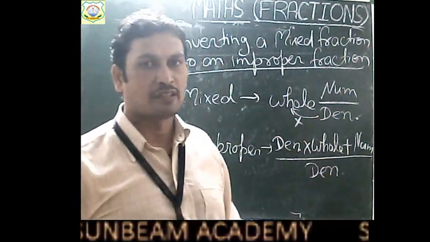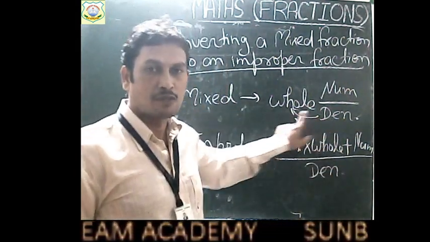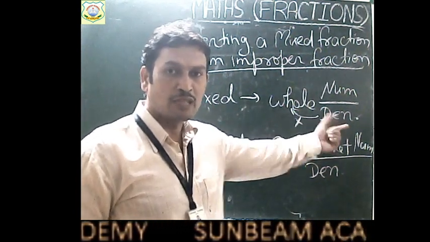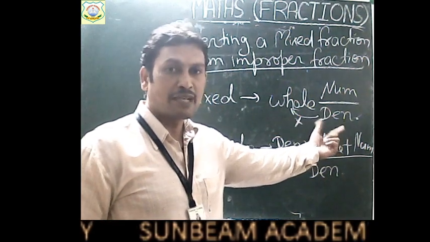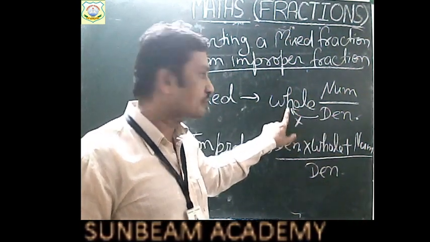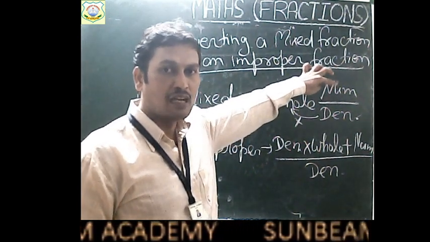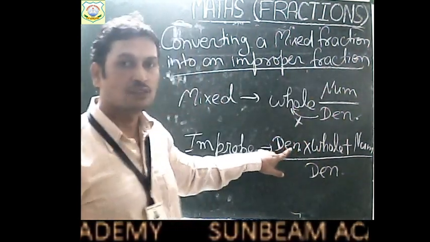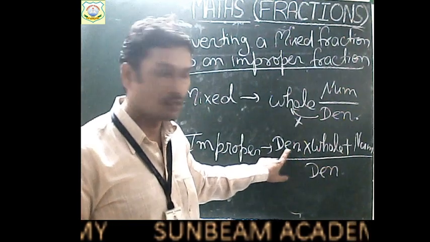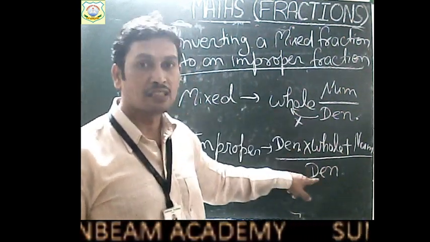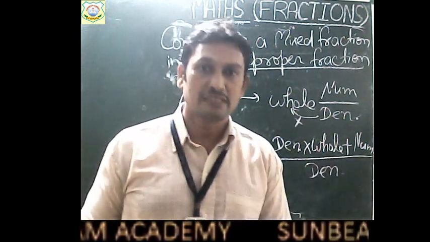This is the process, children. Firstly, see the mixed fraction, find the denominator, and multiply the denominator with the whole number. After that, find the product and add the product to the numerator. Okay. After adding, you will get the numerator of the improper fraction. And what about the denominator of the improper fraction? The denominator will be the same. The denominator will not be changed.